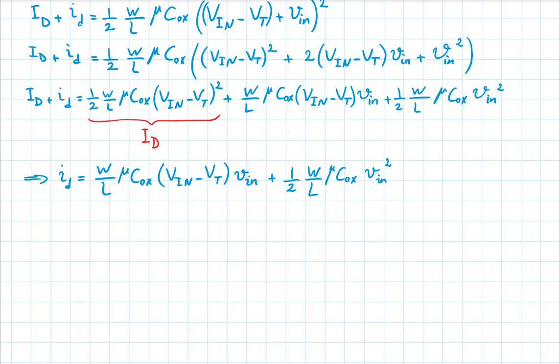You see, I have found a relationship between the small variations at the output due to small variations at the input, Vn. So I've found a relationship between little ID and little Vn. Oh, no, Vn is multiplying it. It's not adding to it.